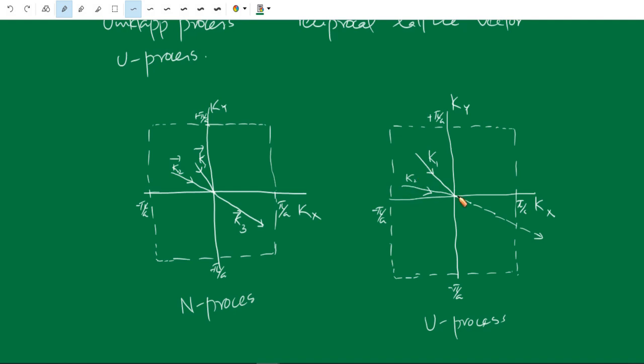Here, K1 plus K2 gives a wave vector which is outside the first Brillouin zone. So by adding a wave vector G, which is the reciprocal lattice vector, we can bring this wave vector back into the first Brillouin zone.